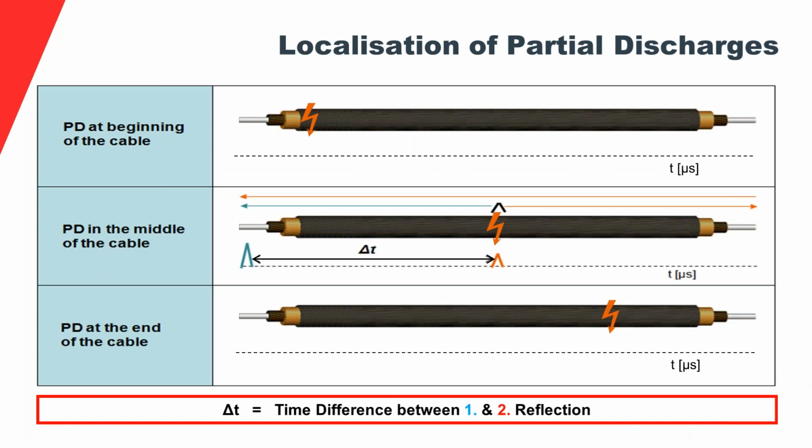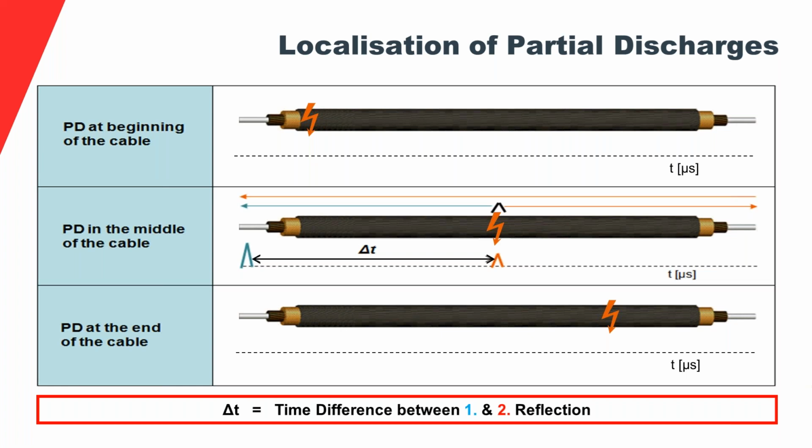So we have these three cases. The case from just the slide before is in the middle. So the 50% that went to the left, to the near end, to the detector, is right there and is being shown as that reflection, that blue one there. And then the red one comes later, because it's the second reflection, which goes all the way to the cable end and comes back.